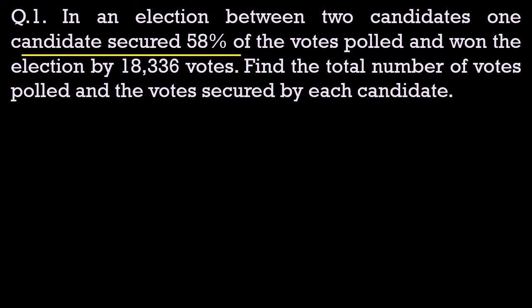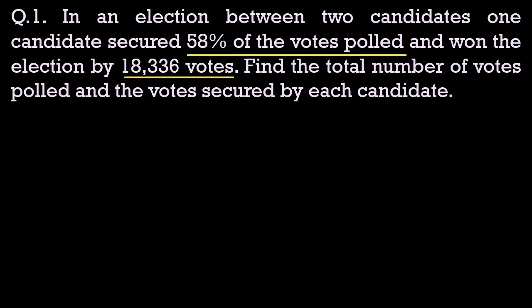Now, what are the things given in the question that we should find first? First, one candidate secured 58% of the votes polled. So that's why I've underlined this. And won the election by 18,336 votes.